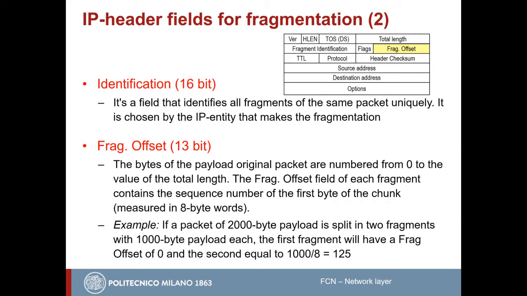So the fragment offset in the first fragment is 0. The fragment offset in the second fragment is equal to the number of the first byte that falls into the second fragment, in this case 1000, because the first contains from 0 to 999. The second starts with byte number 1000. And then we have to divide it by 8. So the fragment offset value in this case would be 125. Is it clear, more or less? We will get back with a complete example.